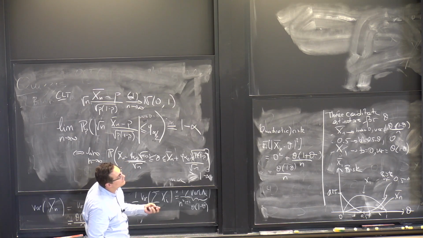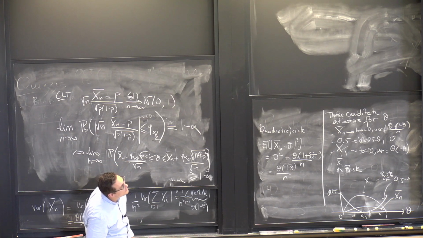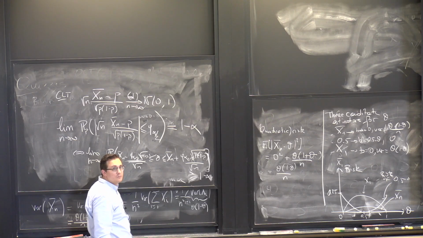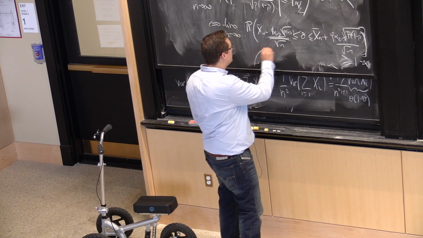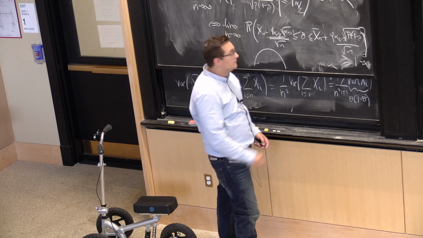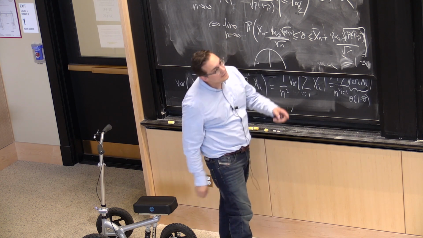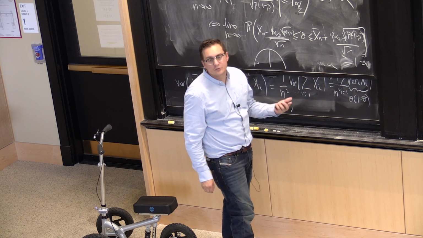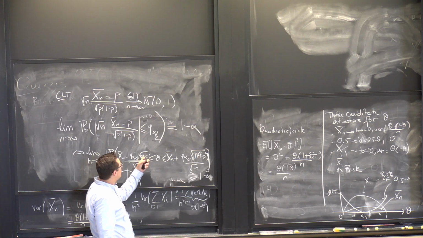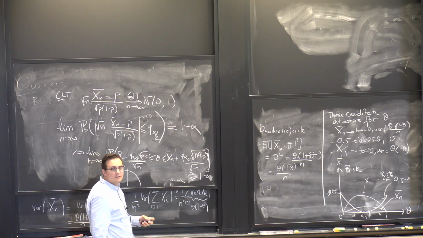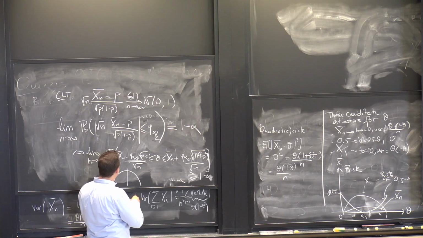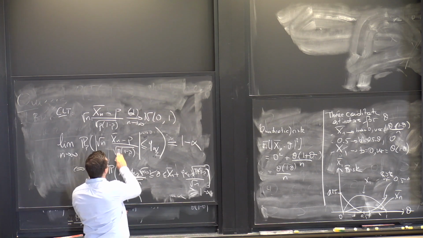OK, and so now I just do one of the two tricks. I replace p(1 minus p) by its upper bound, which is 1/4. As we said, the function p(1 minus p) looks like this, so I just take the value here at 1/2. Or I can use Slutsky and say that if I replace p by X̄n, it's the same as just replacing p by X̄n here.